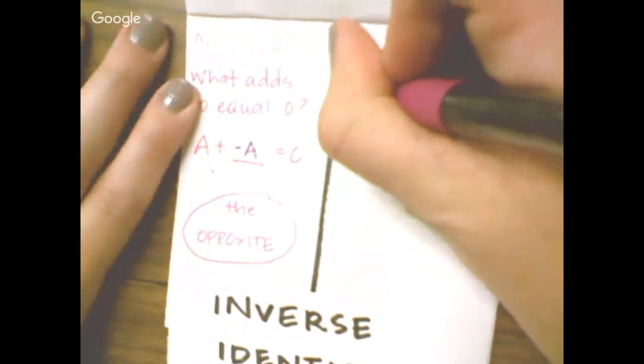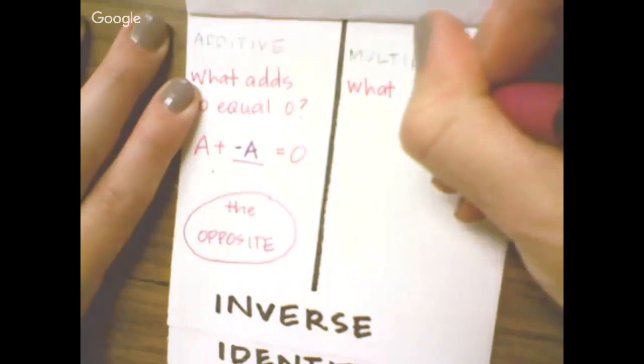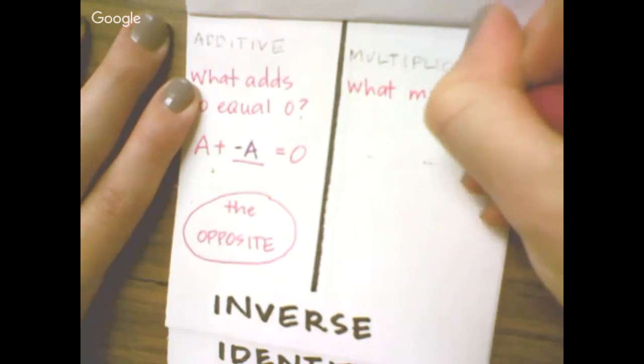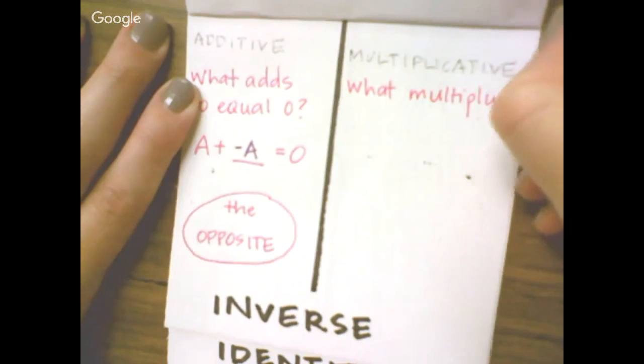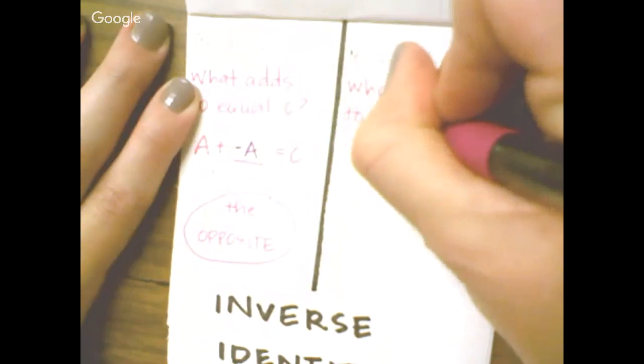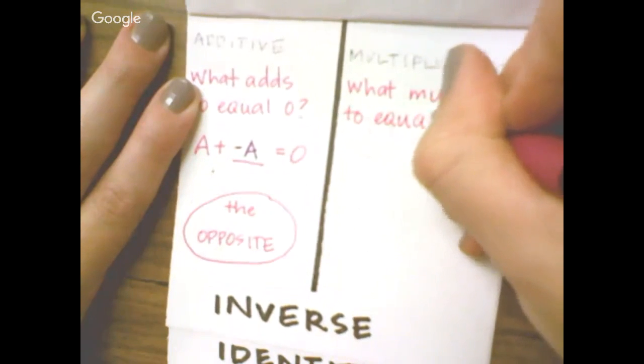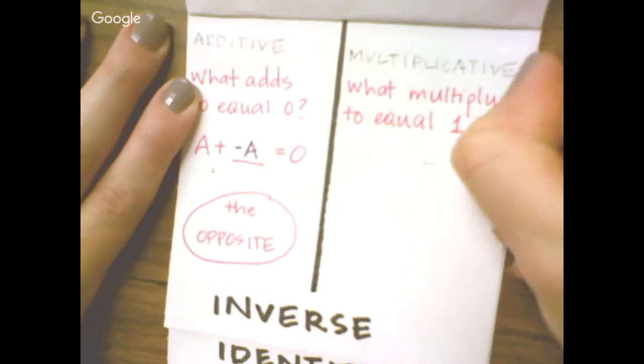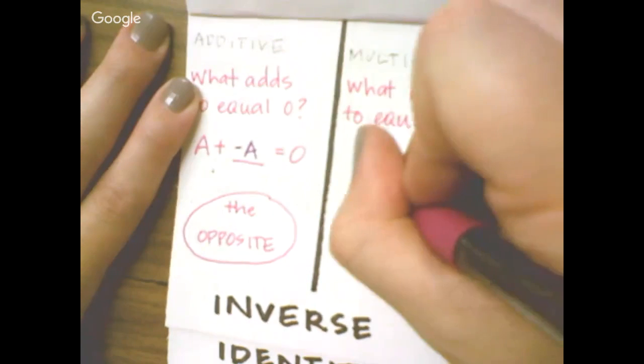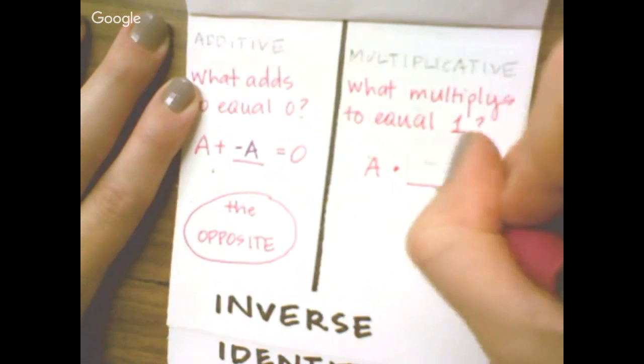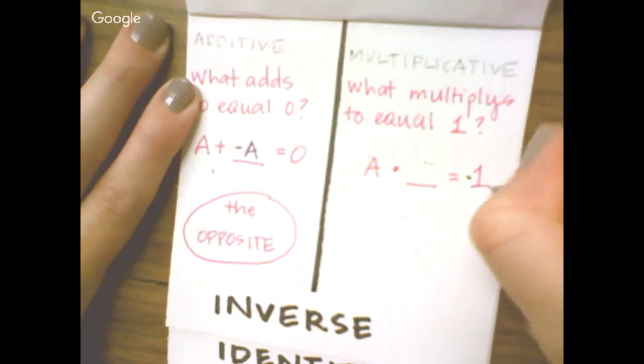For multiplicative, it's what multiplies to equal, and instead of 0, for multiplication, we want to equal 1. So A times what equals 1?